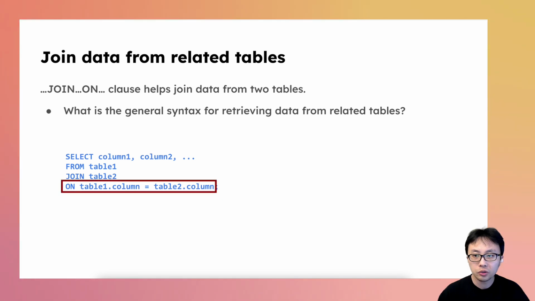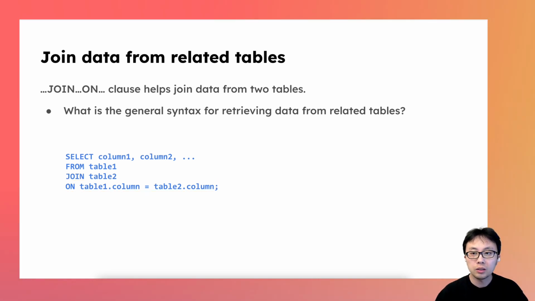The condition of the join is listed here: table1.column = table2.column. This is a shared column between the two tables. In the SELECT clause, it will list the target columns that you want to show up in the result. So that's the general syntax.